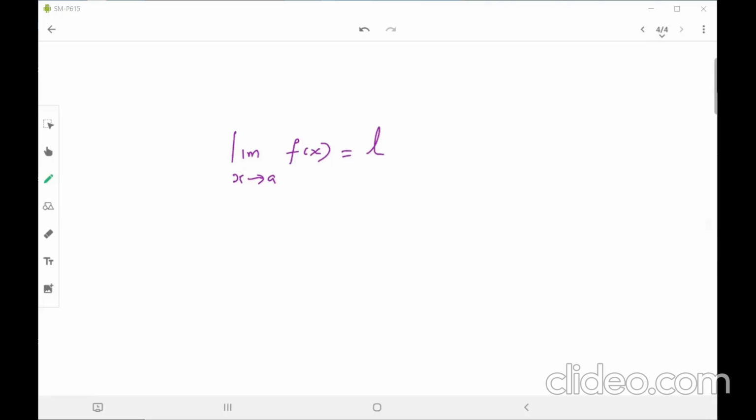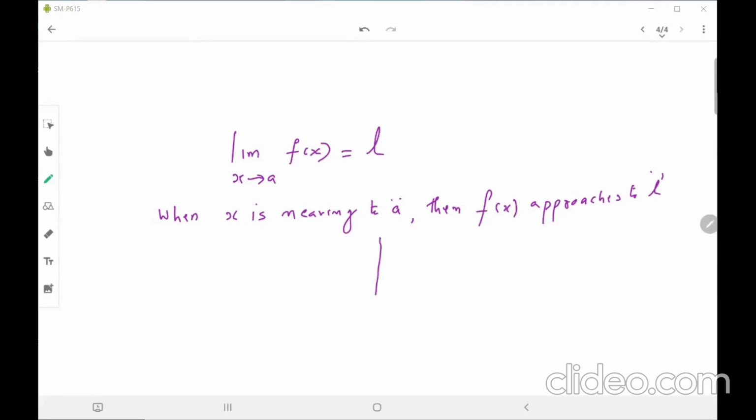The meaning I write here: when x approaches small a, the function f(x) approaches L, where a and L are numbers.